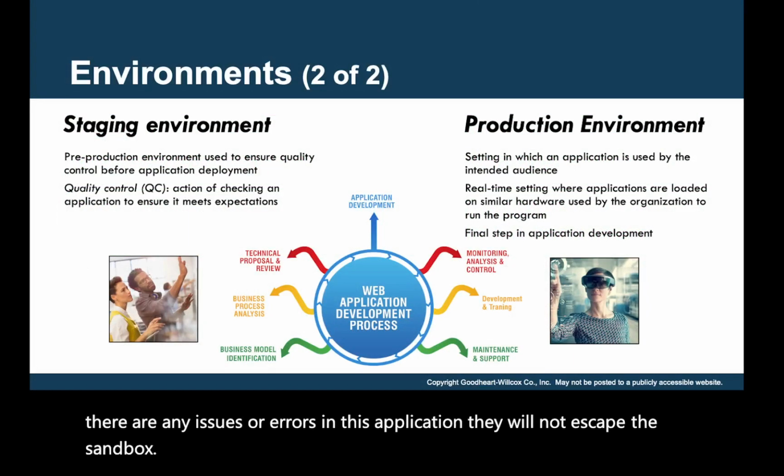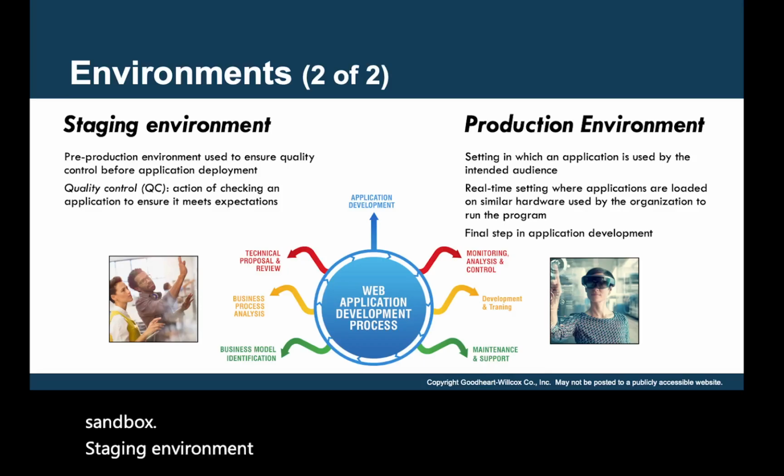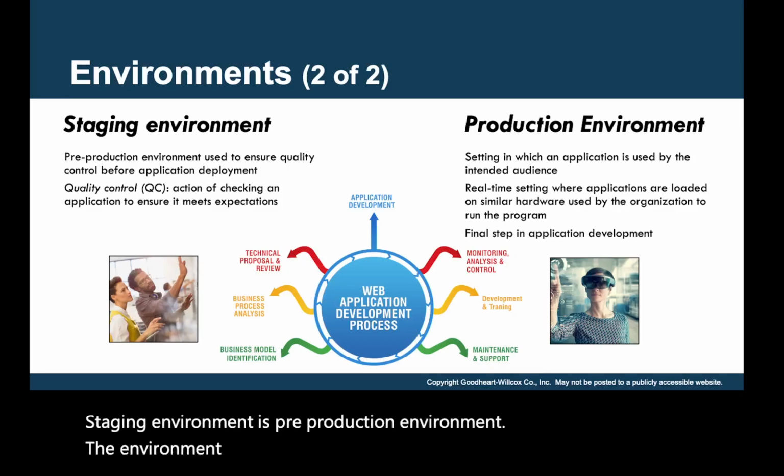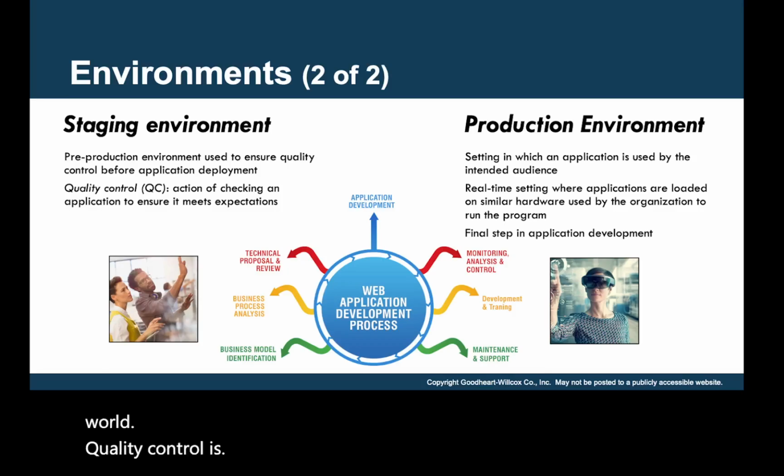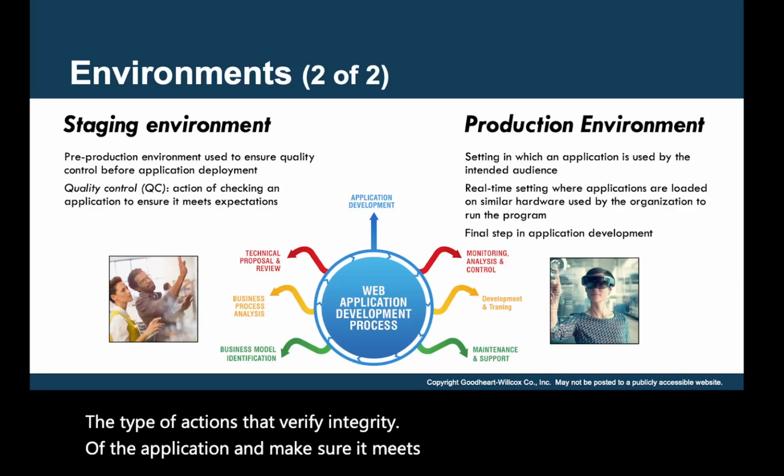Staging environment is a pre-production environment, the environment that we would use before the application sees the world. Quality control is the type of actions that verify the integrity of the application and make sure it meets all expectations. Production environment is different.